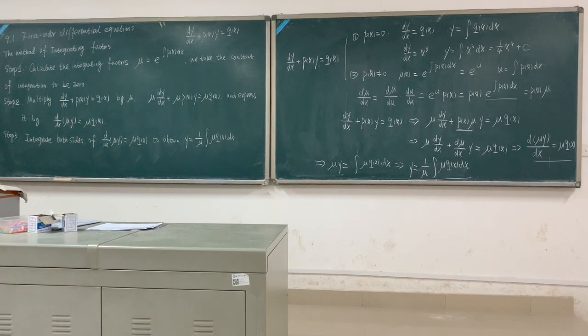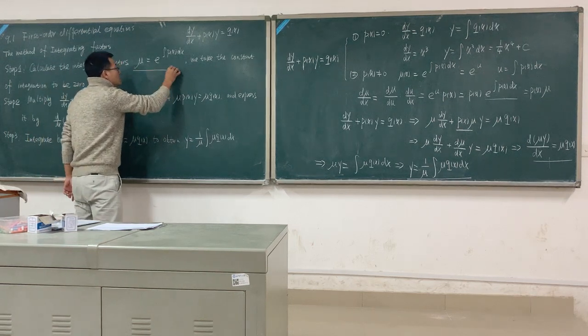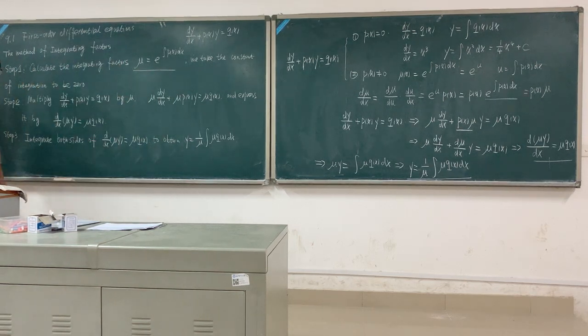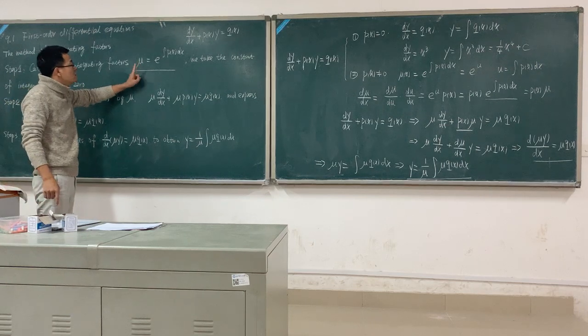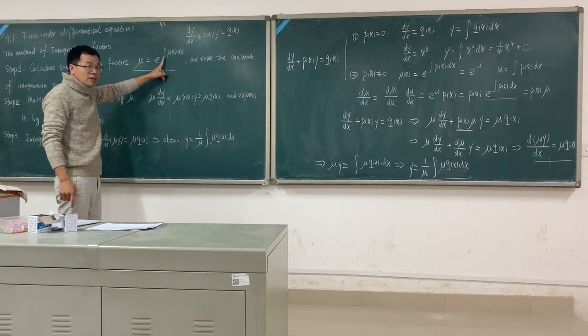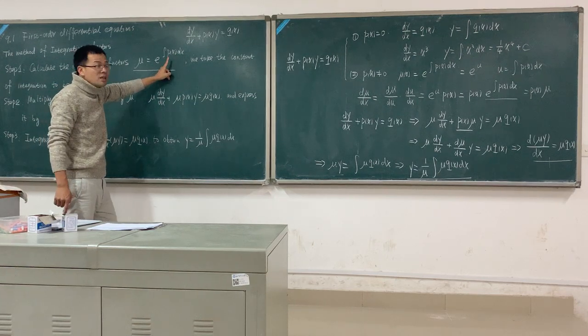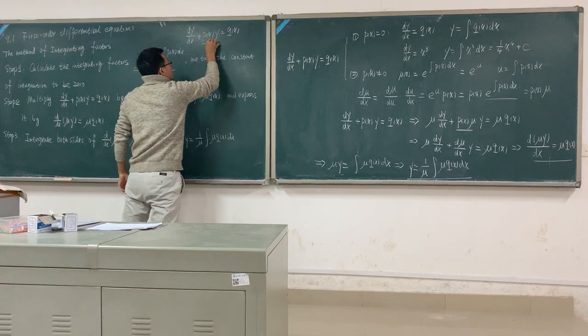I hope that you can remember these three steps. We have two key points. The first point is you need to remember the integrating factor mu, which is e to the power of the antiderivative of p(x). Here p(x) is this p(x).